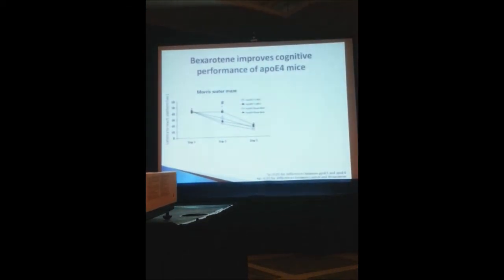Next, we subjected the mice to the cognitive tests that we've seen previously. The first is the Morris water maze. And again, we see for the control mice the same picture that we saw for the naive, meaning ApoE4 mice take longer to learn the position of the platform. But when given Bexarotene, you can see that they improve their performance and they either swim really quickly or just find the platform really quickly as the ApoE3 mice.